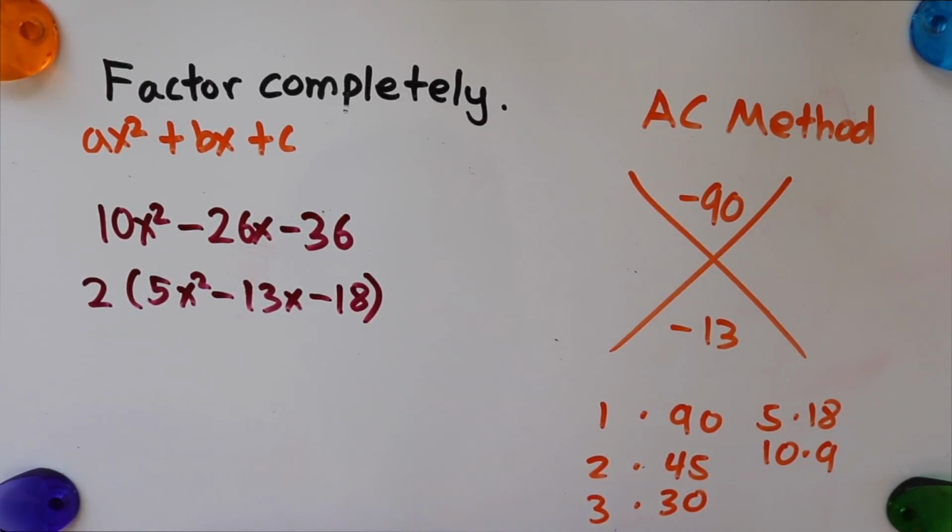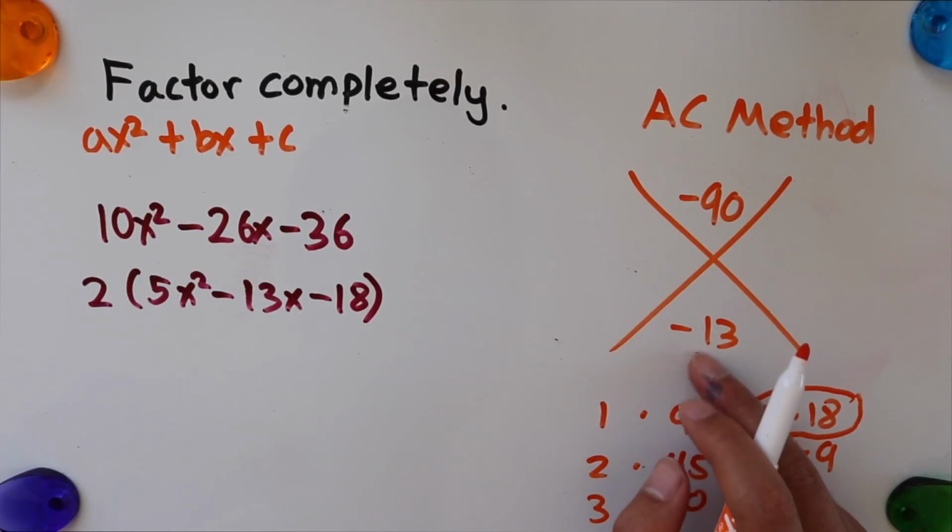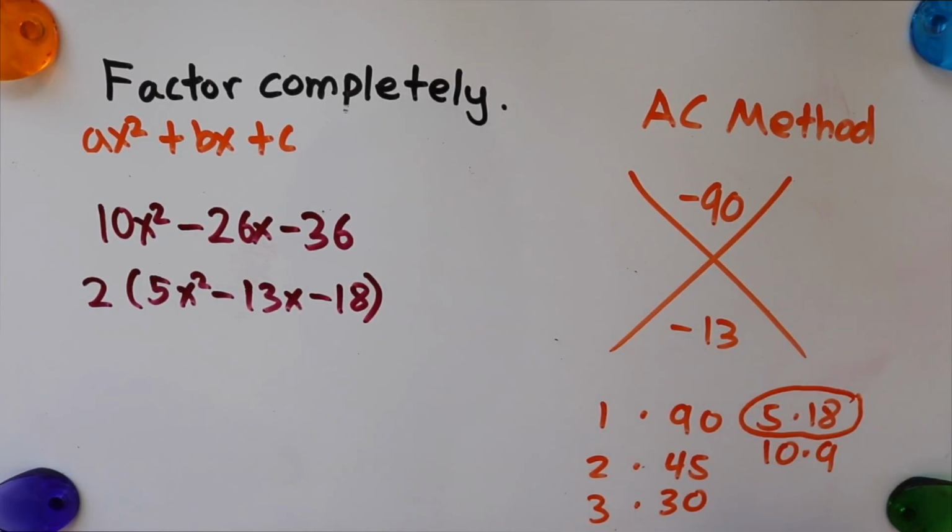If we were listing out the factors of negative 90, we'd have a really, really long list. But if we just focus on the positive value and realize that the 5 and 18 differ by a value of 13, and 13 turns out to be that number that we see here, it's most likely this pair, in which it is.